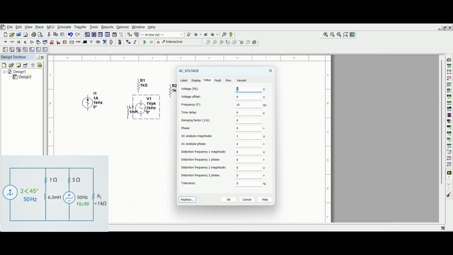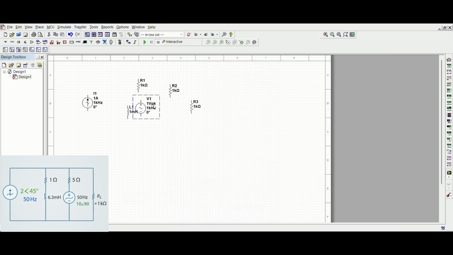Now we need to make this circuit. For that, connect this current source to resistance R1.